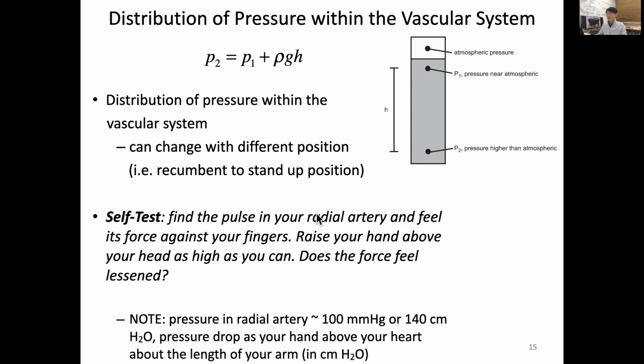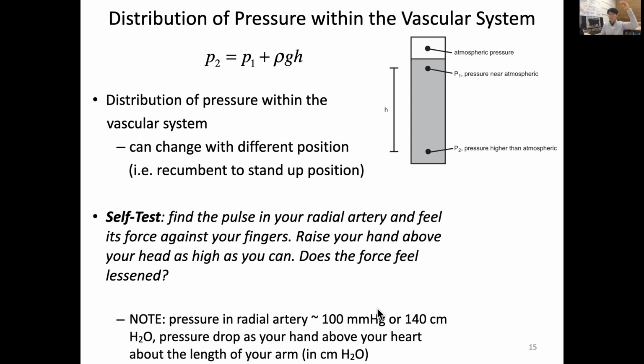You can calculate it. Remember the previous radial artery pressure is about 100 millimeters of Hg. Let's say the displacement from here to here is up to 1 meter. Then what will be the pressure difference? The density of water is about 1,000 kilograms per cubic meter, times g, the gravitational constant 9.8 meters per square second, and H, the distance, about 1 meter, which turns out to be about 70 millimeters of Hg.